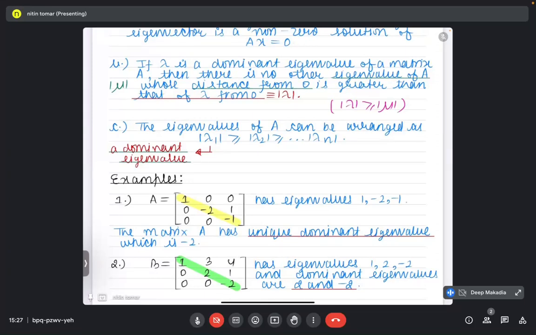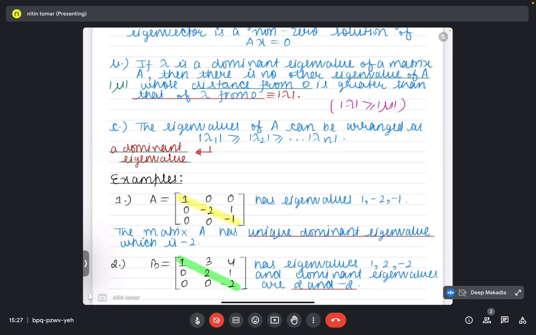And this is nothing, just language, okay? Like distance of lambda from 0, what is it actually? It is just mod lambda, right? This distance is actually mod lambda.